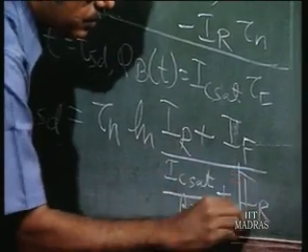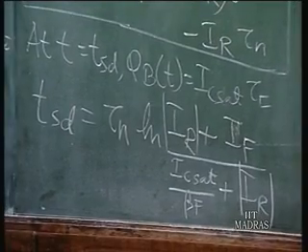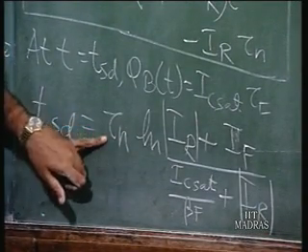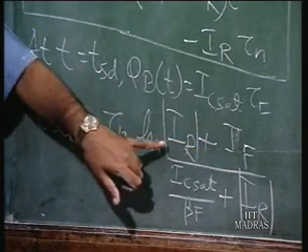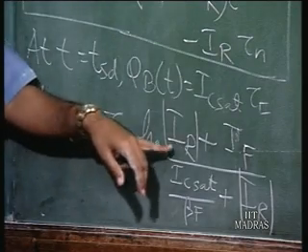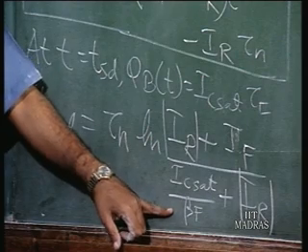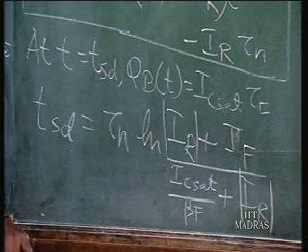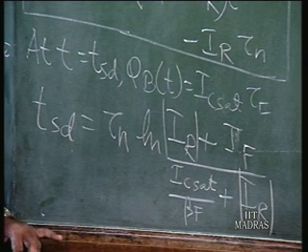This IR is of course the modulus value. So, this TSD, that is the storage delay time, is tau n, that is the lifetime, times ln of IR plus IF, IR the modulus, the amount of reverse current, we do not take the sign, IR plus IF divided by IC sat by beta f, plus IR. Okay. So, this is the relation for the storage delay time.